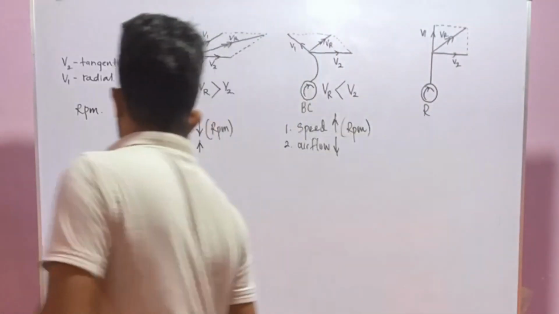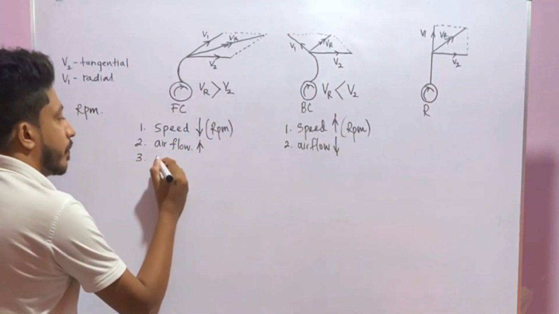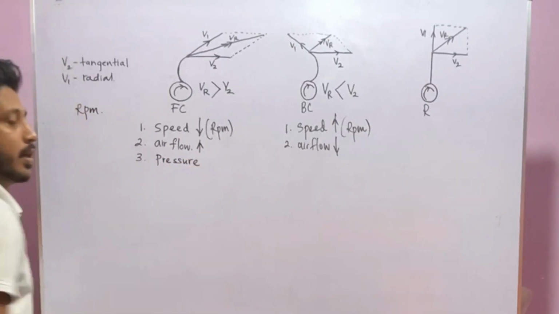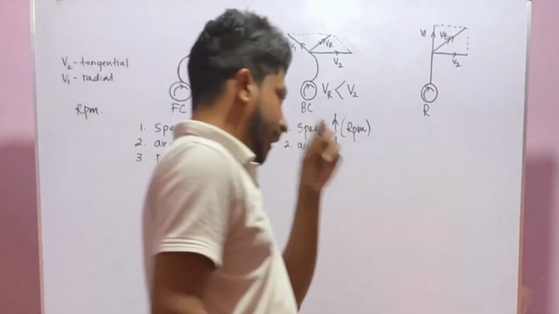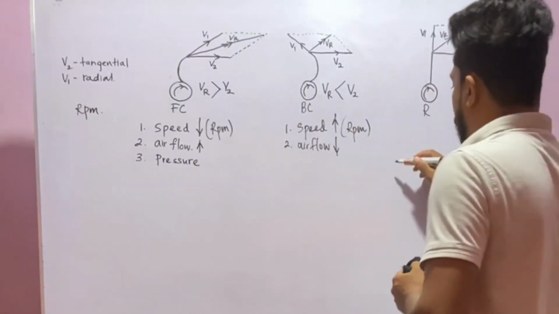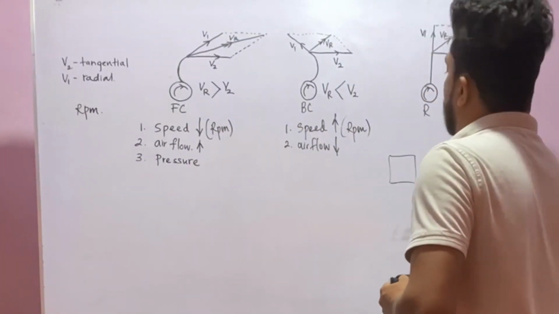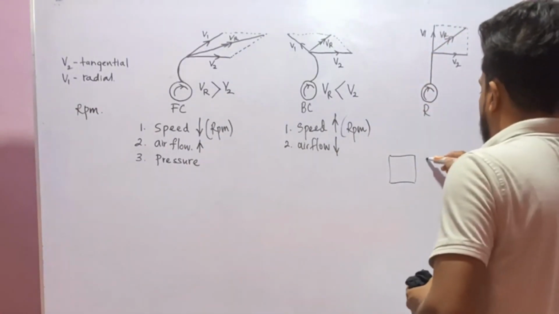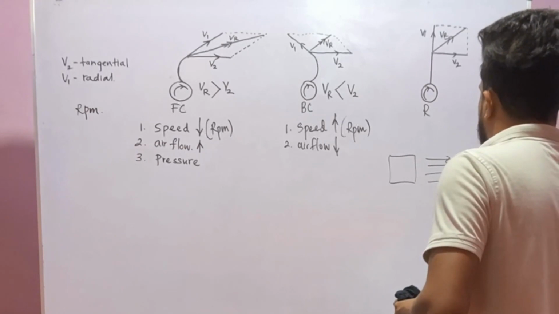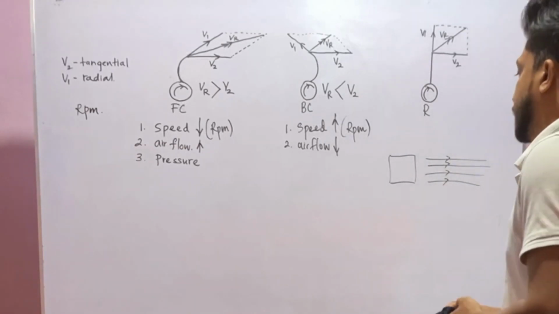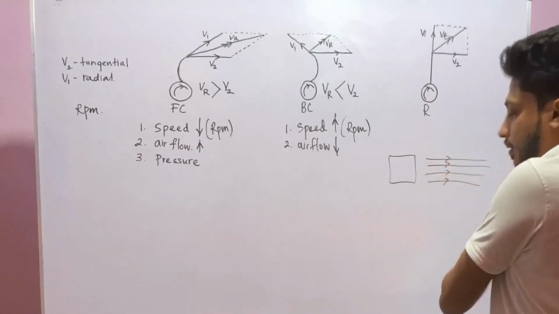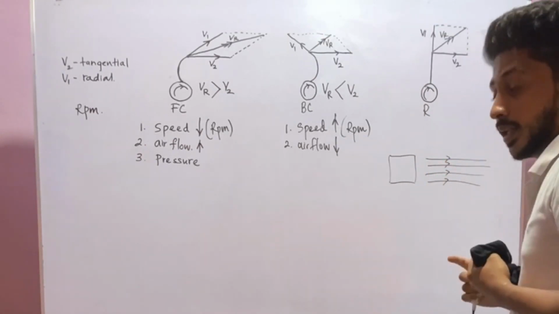Then we can decide the pressure. Okay. What about the pressure? Here, pressure means static pressure. So you know there are two types of pressure we are dealing with. One with the velocity. If these air particles are moving in this direction, they have a velocity.